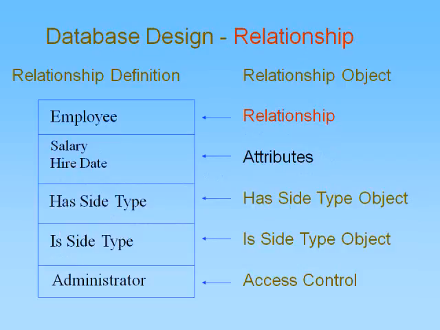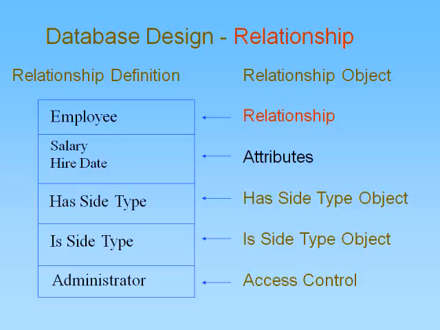When defining a relationship, we define the relationship's name, in this example, employee. Then add attributes such as salary, hire date to the relationship. We can also restrict the access to the relationship objects to certain roles such as administrator.